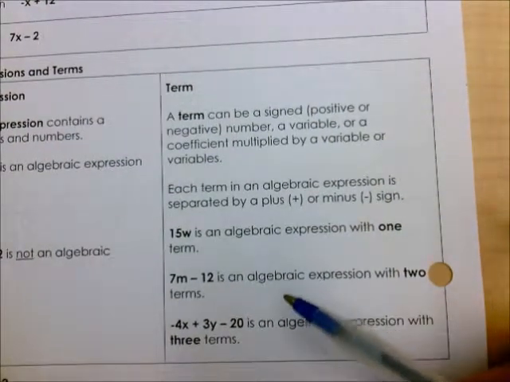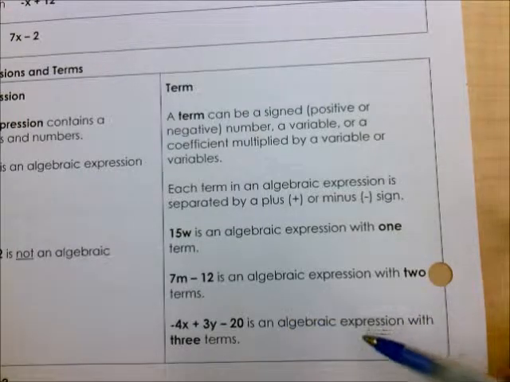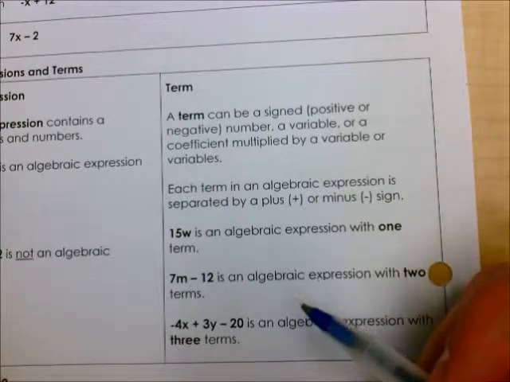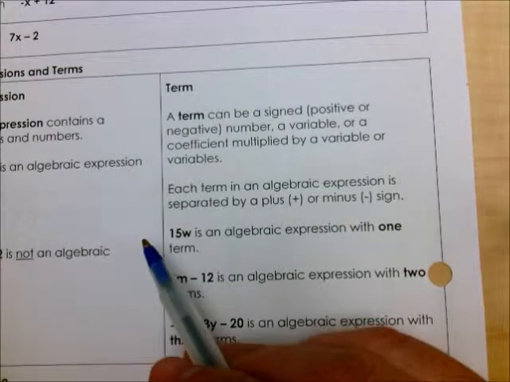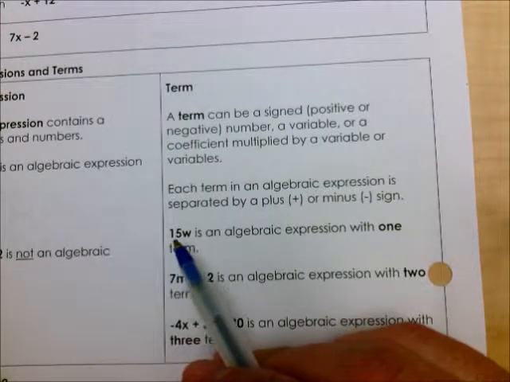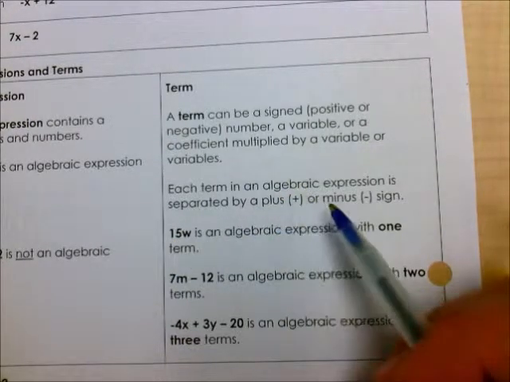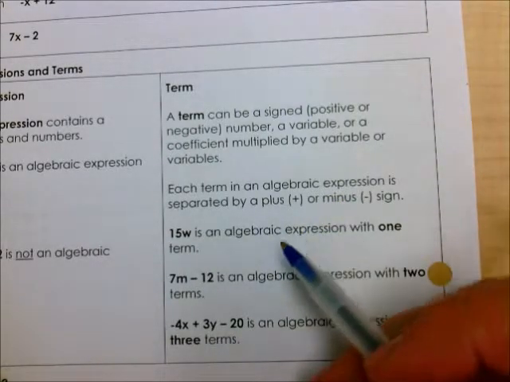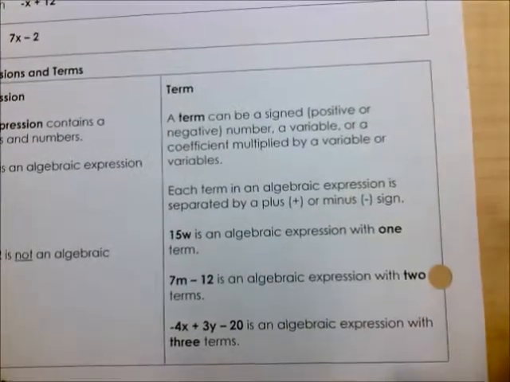So, in order to separate my terms, because that's something we're going to want to do, especially when we get into simplifying expressions, what I tell my kids to do is start at the left and underline everything until I get to a plus or a minus sign. Once I get to that, I'm going to box everything out. If I get to the end, I box everything out.